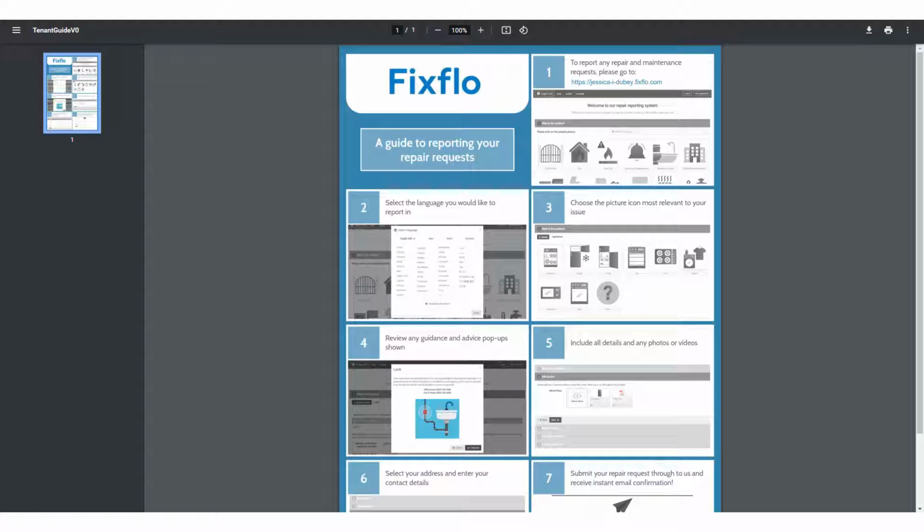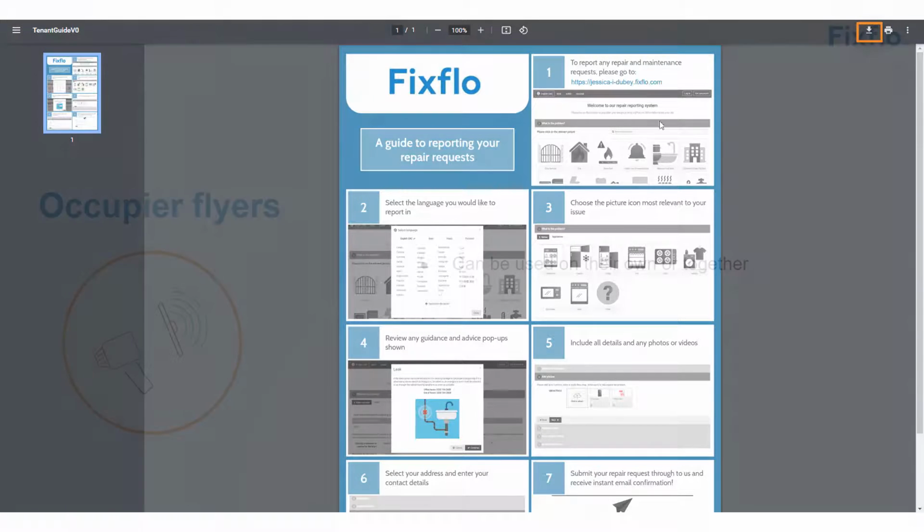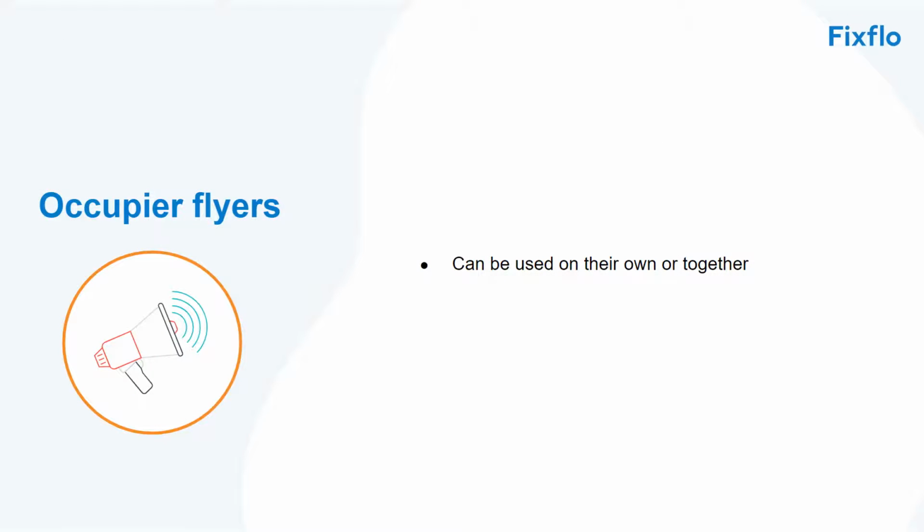You can see that this will show your occupiers how to use Fixflo in 7 easy steps. It includes some benefits here, such as the fact that this is available in over 40 languages, and that there are guidance and advice pop-ups on the site. Once again, this can easily be downloaded. These flyers can be used on their own or together.